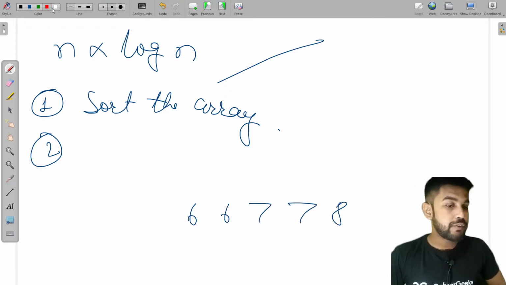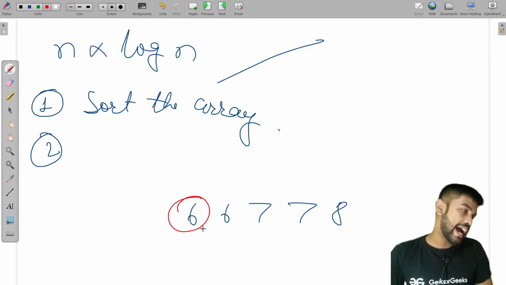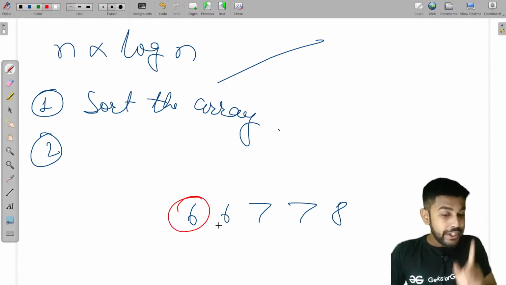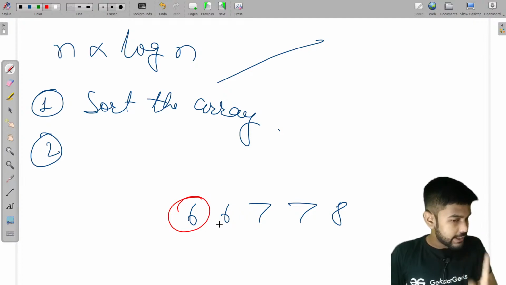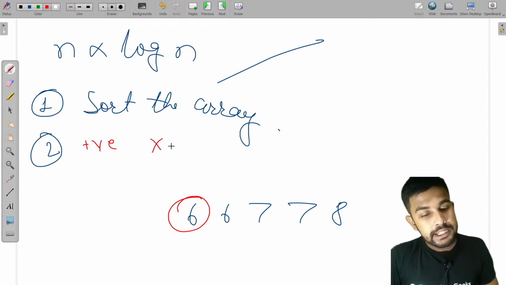We need to find the position of 6. But if this 6 is positive, then the other 6s would also be positive. So we need the first occurrence of that number. So if positive, then multiply it with -1, add 1 to it and do lower bound.